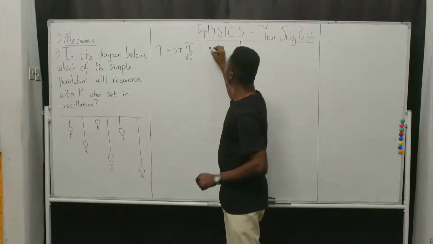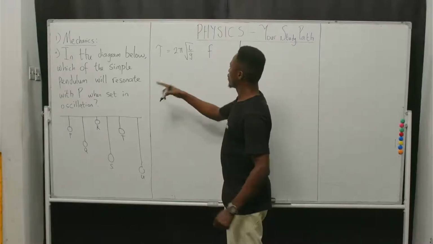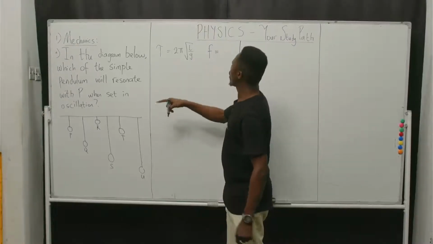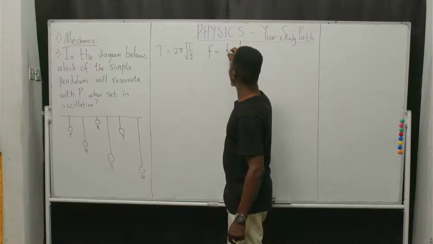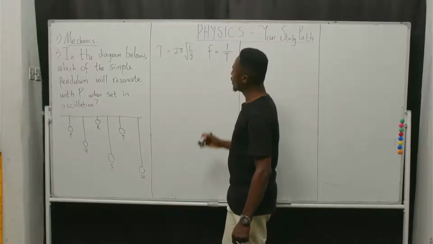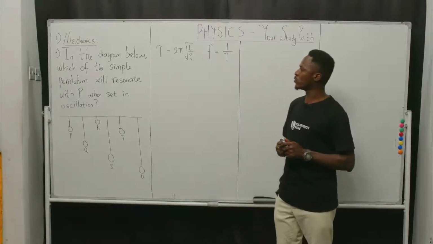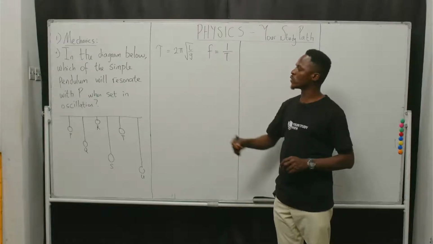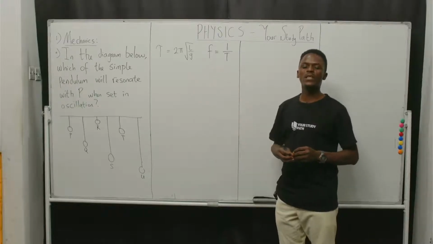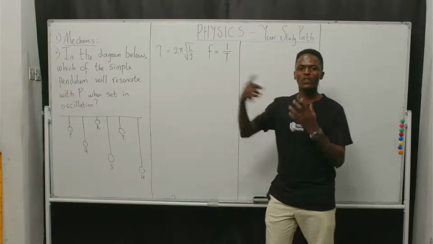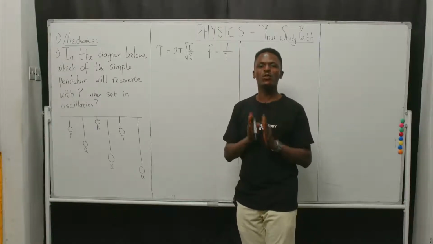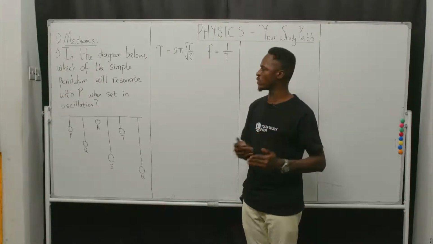Similarly, the frequency of the oscillating body is equal to 1 over the period. As such, we can easily deduce that the length will be a key factor of resonance.